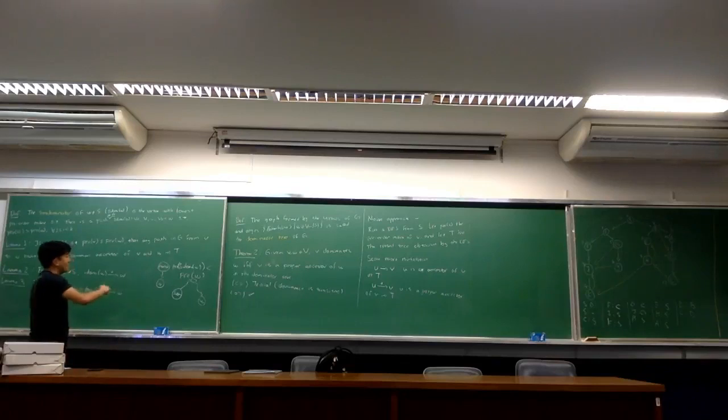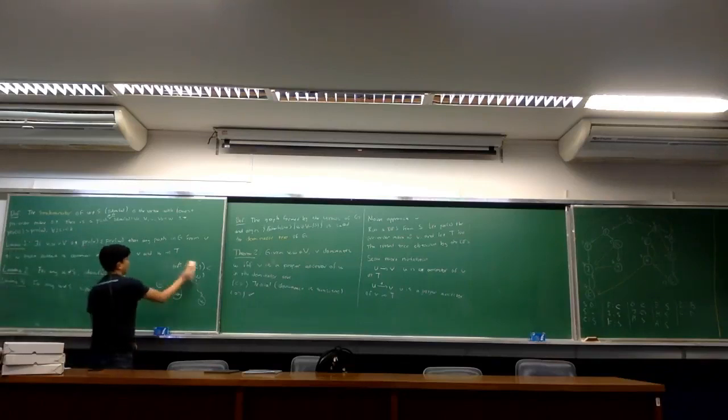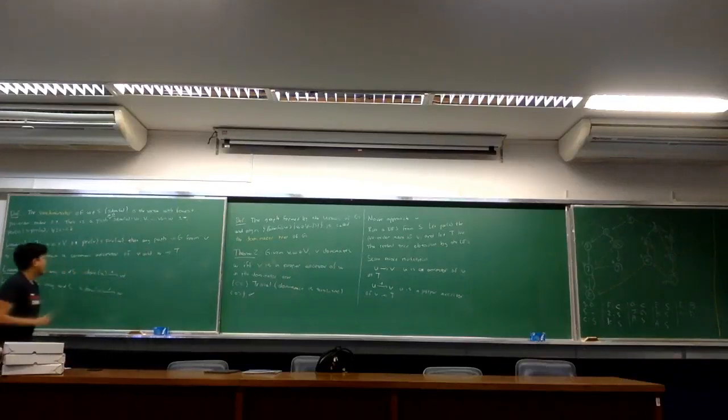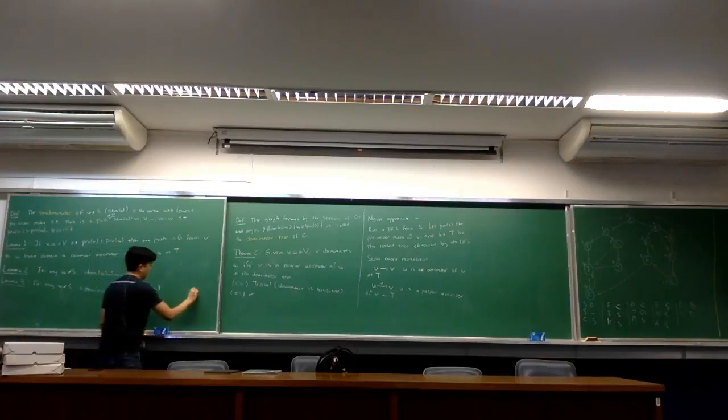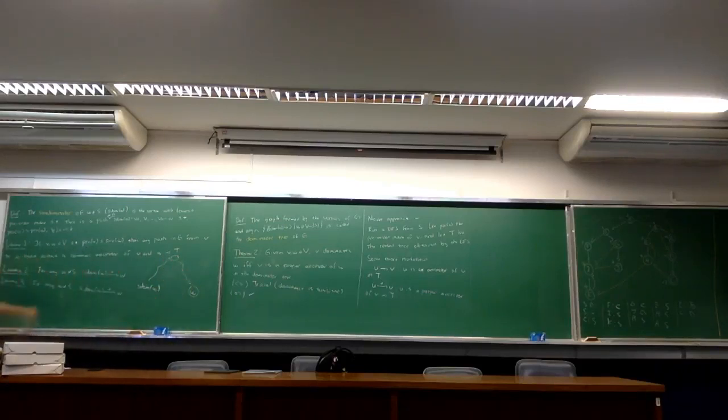We have to consider a specific path here. Let me just explain this. Since this guy is the semi-dominator of this guy, there is a path from this guy to this guy that only passes through vertices that have preorder greater than the preorder of W, from the definition of semi-dominator.